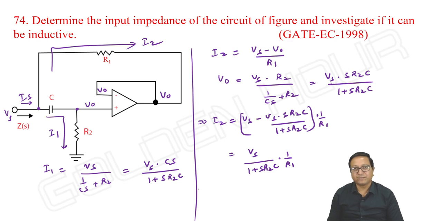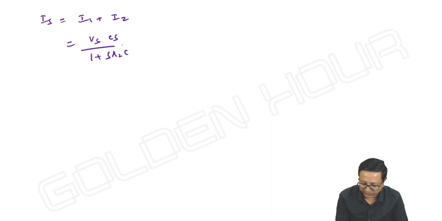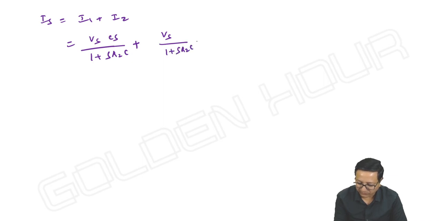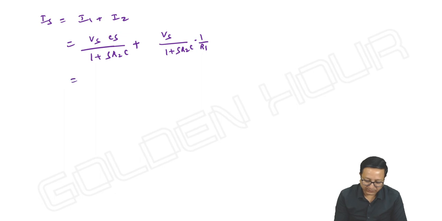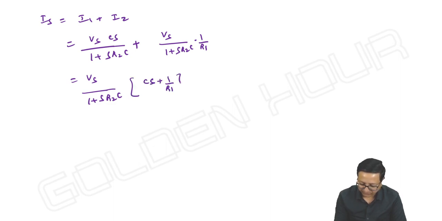I1 and I2 are known to us. Then Is is equal to I1 plus I2. What is I1? Vs into Cs by 1 plus SR2C, plus I2, which is Vs by 1 plus SR2C multiplied with 1 by R1. Okay. Then let us take Vs by 1 plus SR2C common, then Cs plus 1 by R1.